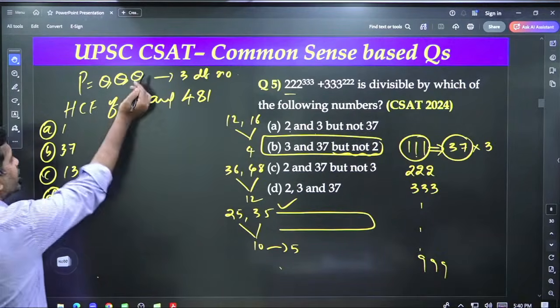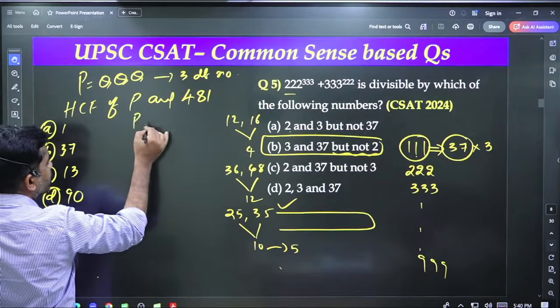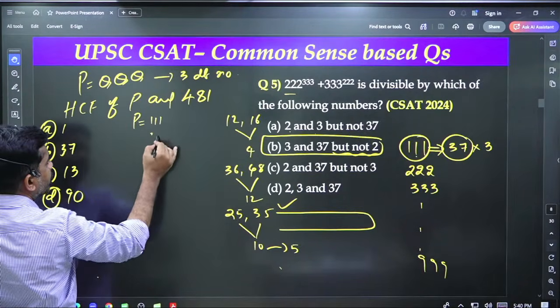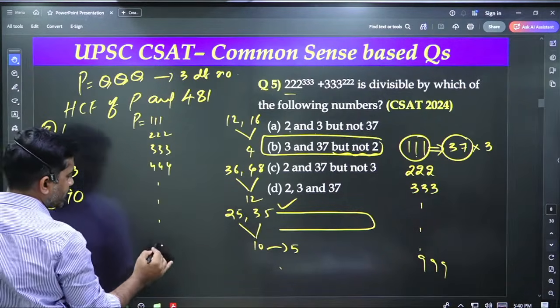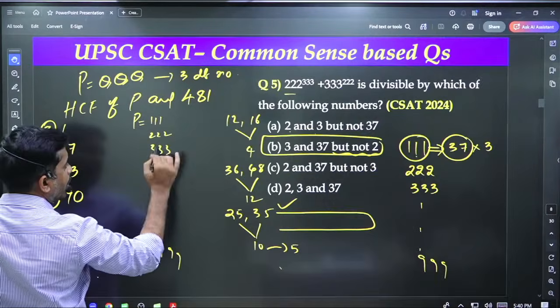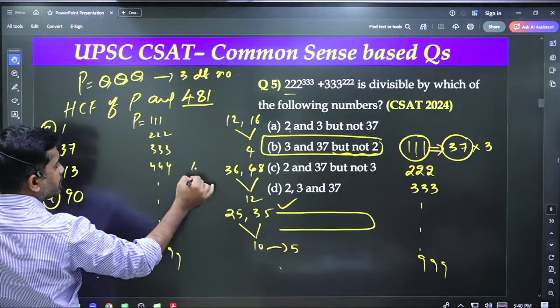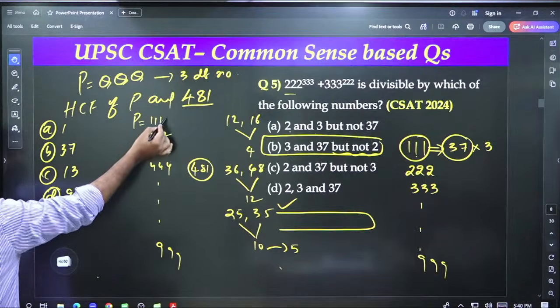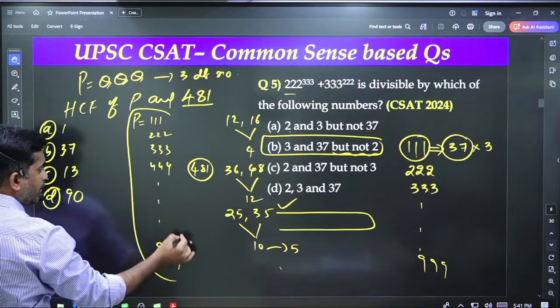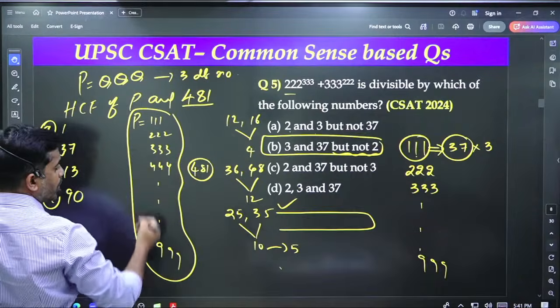Now in this case, what are the numbers for P? 111, 222, 333, 444. So many numbers are there. And the second number is 481. Which number will you take for P and 481, and with this, what is the HCF?